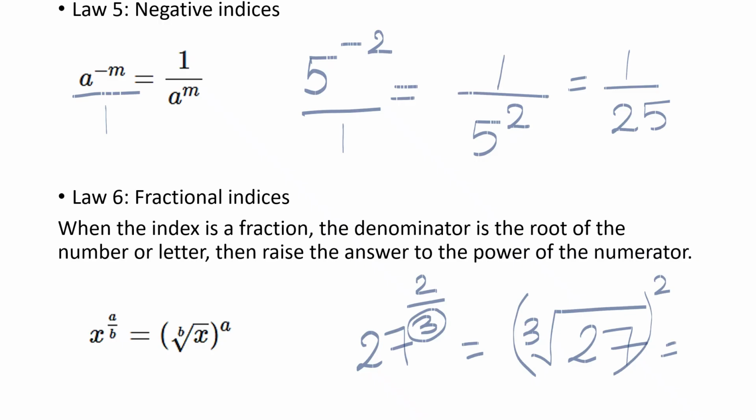So what is the cube root of 27? It's 3 and this square. Now 3 square is 9. That's it. This law is only for higher grades. Again I'm repeating. So it's very easy, but we will see examples based on this also.